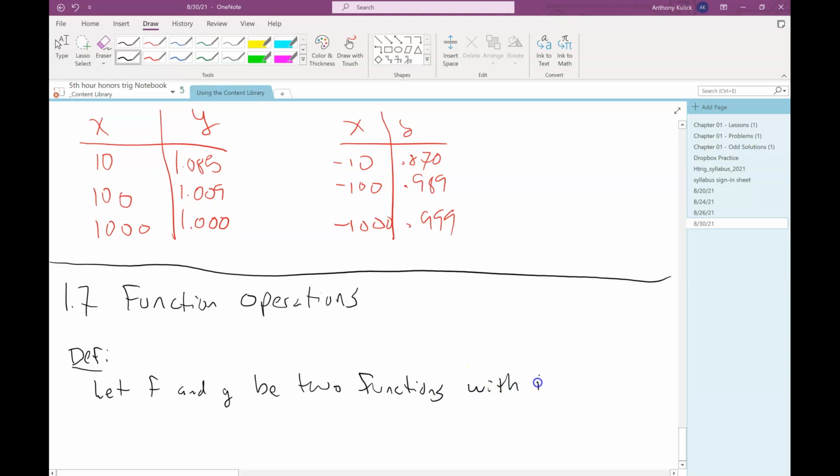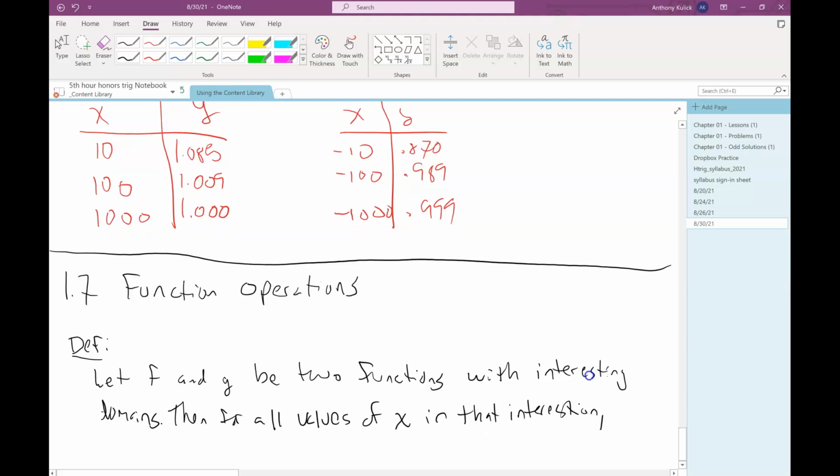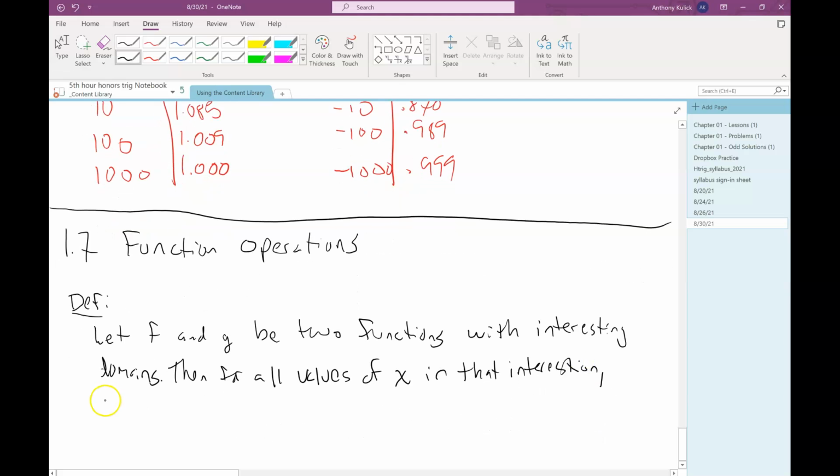So let f and g be 2 functions with intersecting domains. Then, for all values of x in that intersection of domains, the operations on f and g are defined.